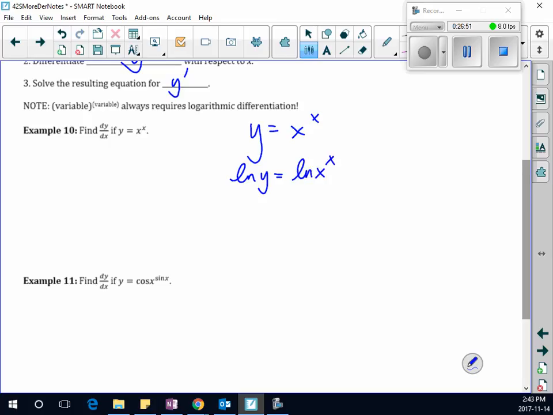Does everybody see I can now write this x in front? Yes? So I get ln y equals x ln x. So now I'm going to differentiate. I'm essentially going to do implicit differentiation because I can't solve for my y at this point to get y prime. So what is the derivative of ln y?